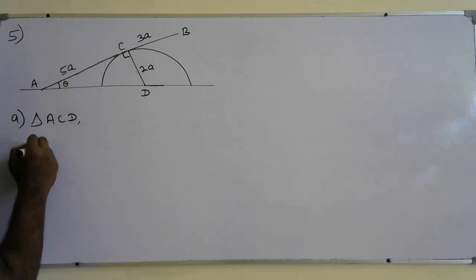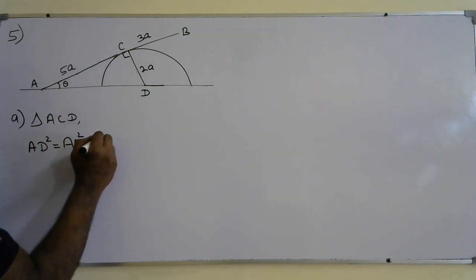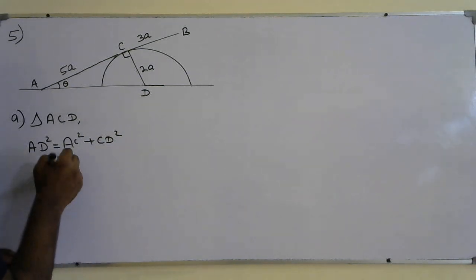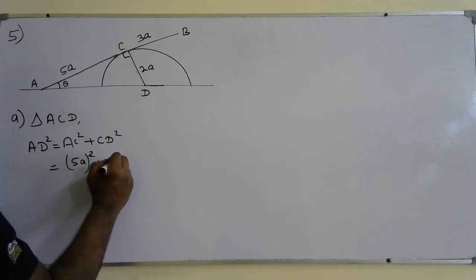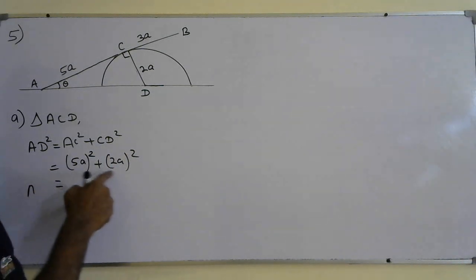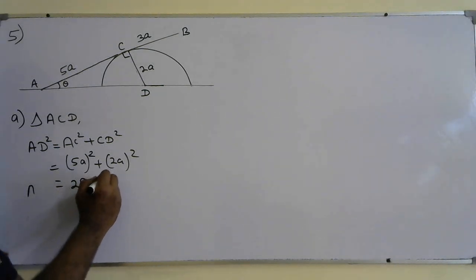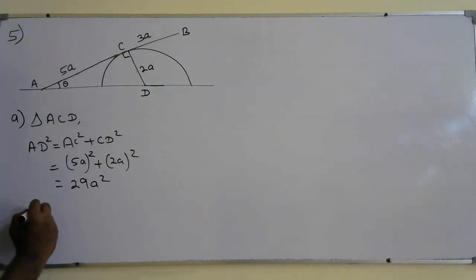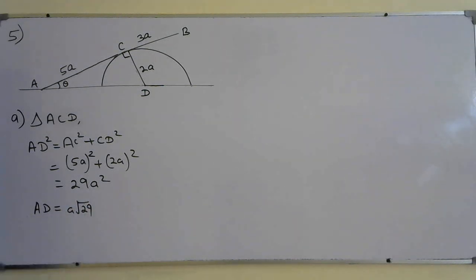AD squared is equal to AC squared plus CD squared. AC squared, 5A squared, plus CD squared, 2A squared. Very simple. So that is going to be 25 plus 4, 29A squared. So AD is going to be A root 29. That's very simple, nothing.